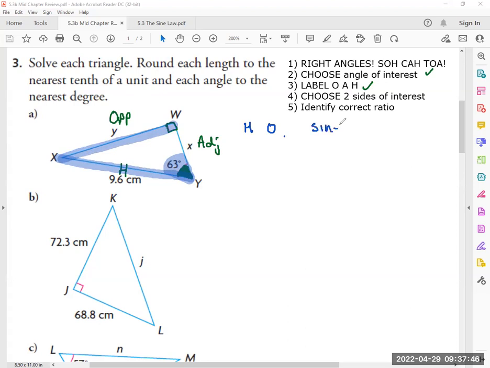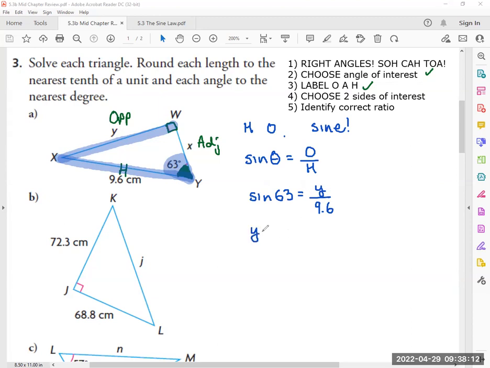What ratio is it? It's going to be sine. So as a reminder, sine of an angle is equal to opposite over hypotenuse. Sine of 63 is equal to opposite over hypotenuse. Opposite over 9.6.